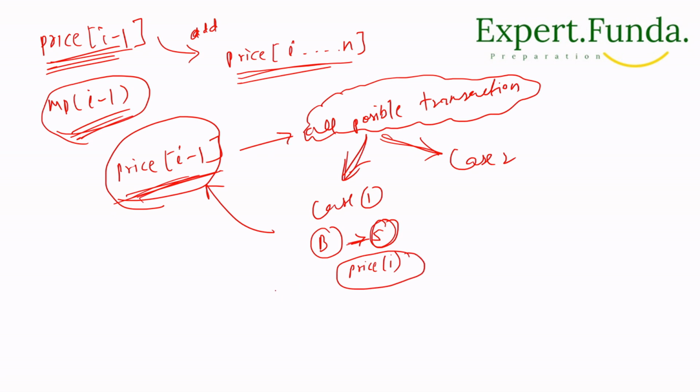So the profit we gain is the selling price minus the buying price, where the buying price is the price of I minus 1, plus the maximum profit from the rest of the price sequence.